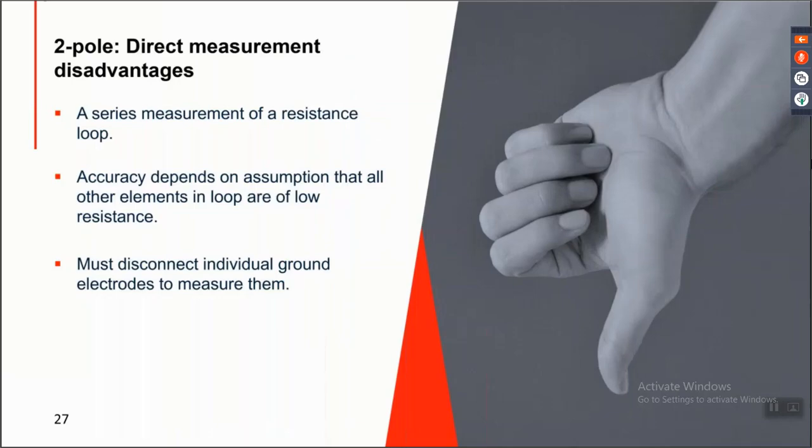Yeah, this is the disadvantage of this method actually, because the measurement is series measurement, so it will give less accurate measurement on this method. And also you still must disconnect individual ground, same like other method.